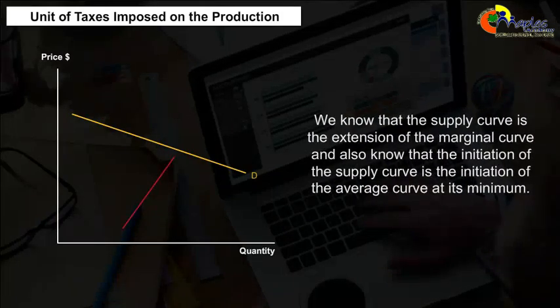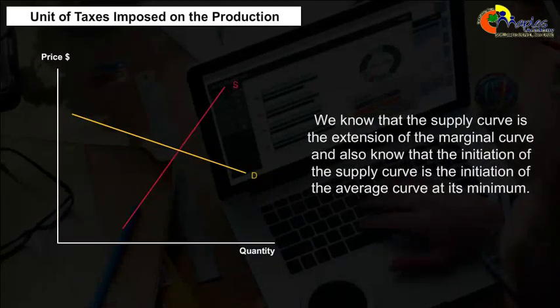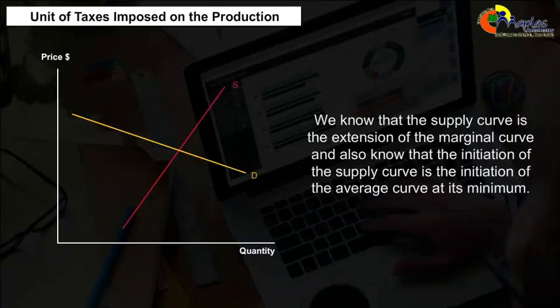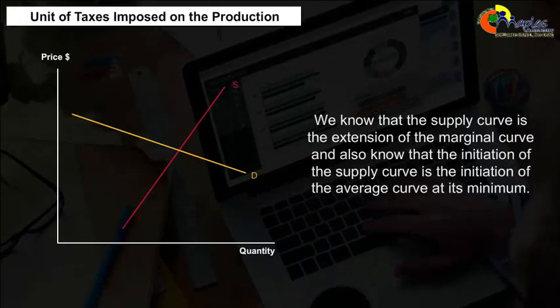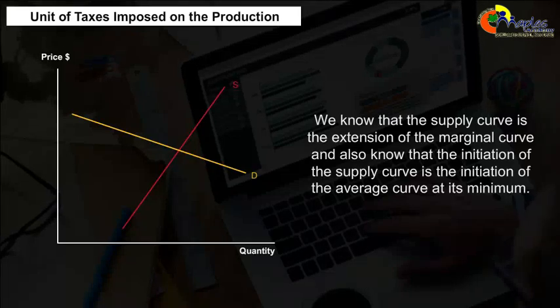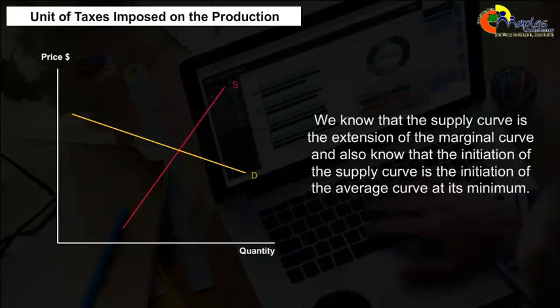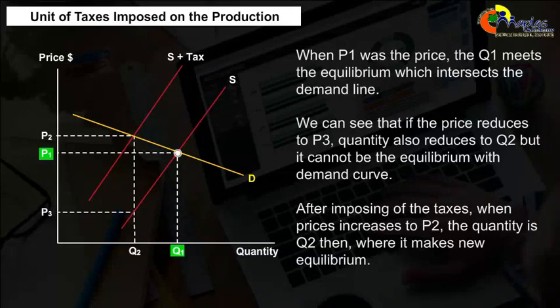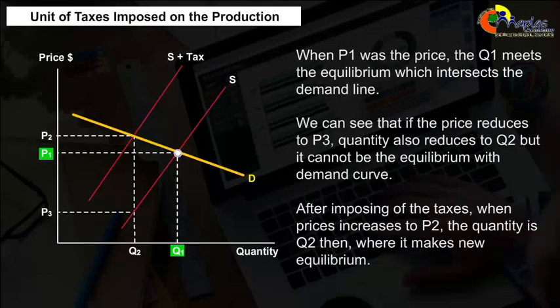We know that the supply curve is the extension of the marginal cost curve, and that the beginning of the supply curve is the minimum point of the average cost curve. When P1 was the price, Q1 meets the equilibrium where it intersects the demand line.